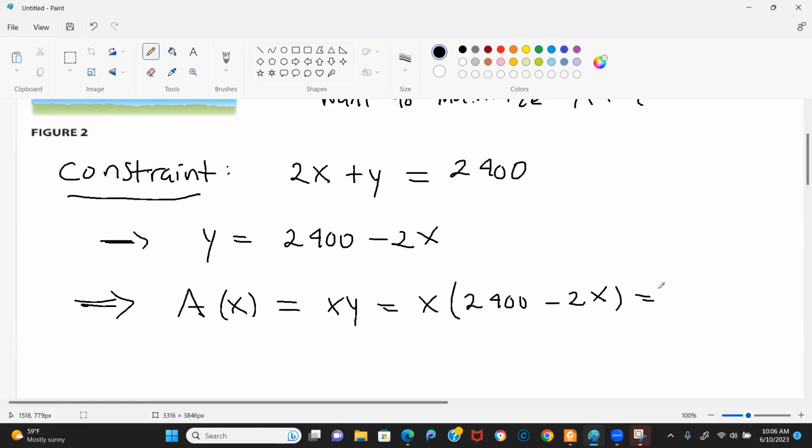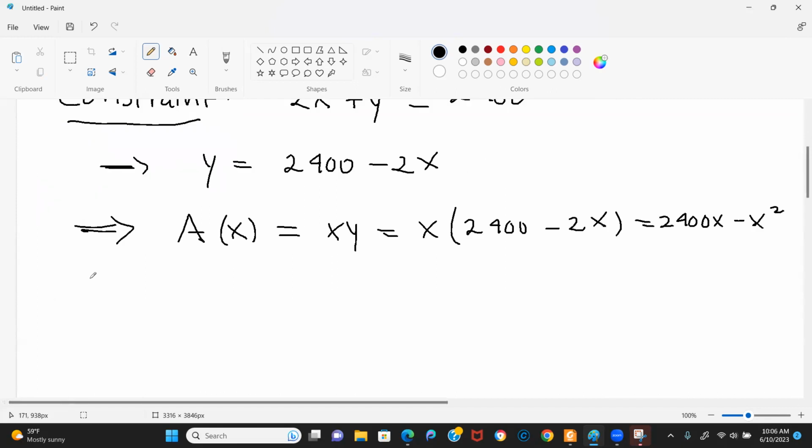And then of course that's going to be 2400x minus 2x squared. And the only way for this to make sense is if x is between 0 and 1200. First of all, x is a side length, right? So it wouldn't make sense to talk about x being negative. So that's why we have this constraint.